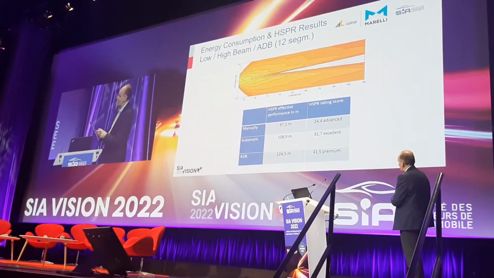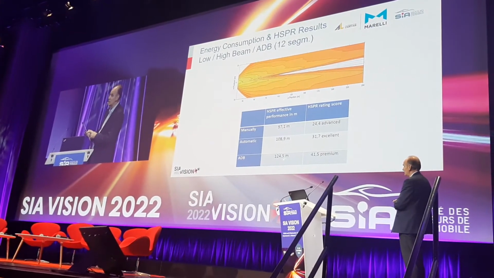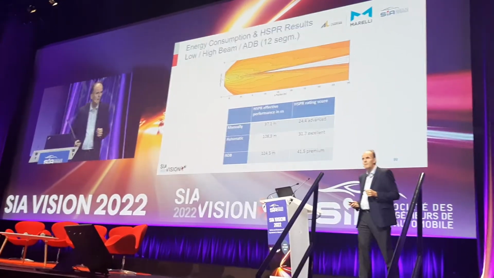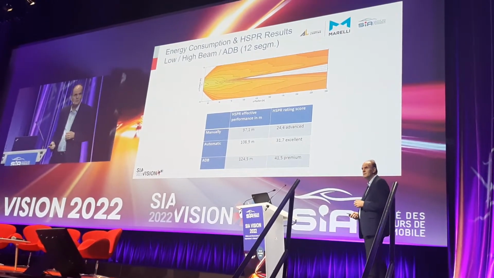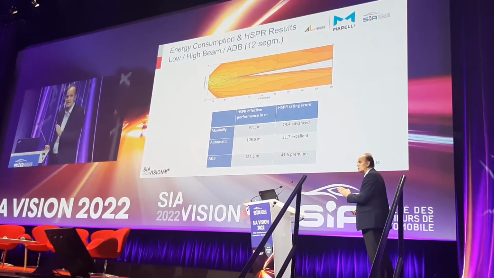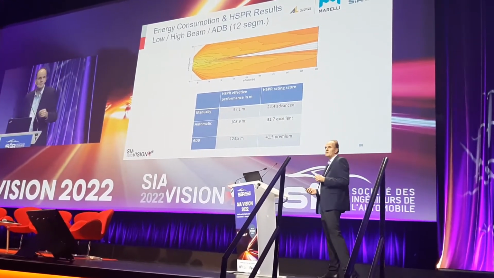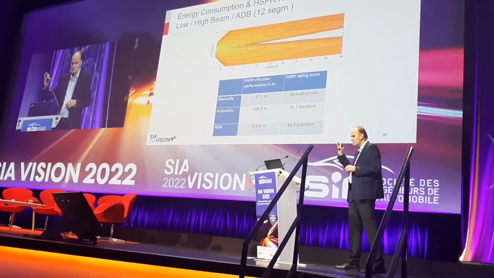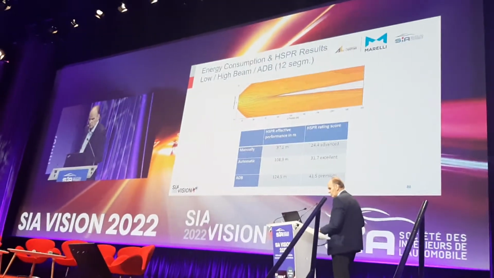And when we switch from automatic to the ADB, which takes 10 watt per headlamp in the ADB mode, we can gain again 15 meters of average performance range for the car. And 15 meters means 0.4 seconds more reaction time on average to react to the traffic situation. So this ADB energy is a very good investment in safety, which I think we are all convinced of.